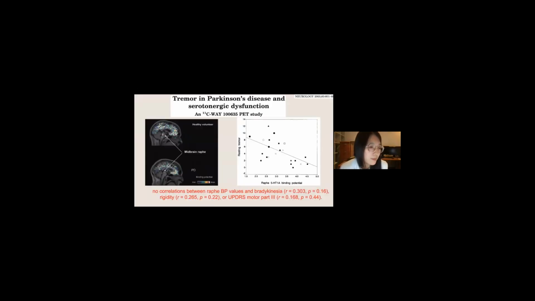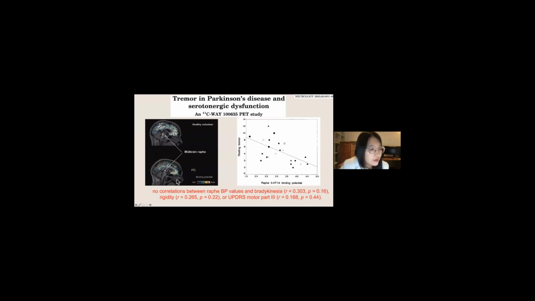This is the example of C11 WAY-100635 PET study, serotonin receptor binding potential in 51-year-old healthy volunteer and 54-year-old Hoehn and Yahr stage 2 PD patients.